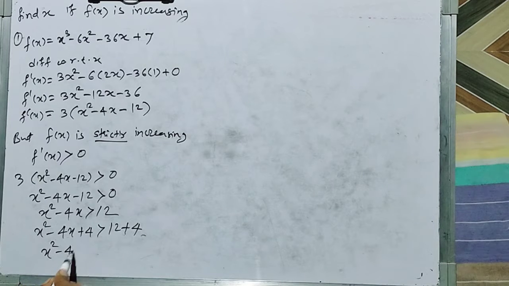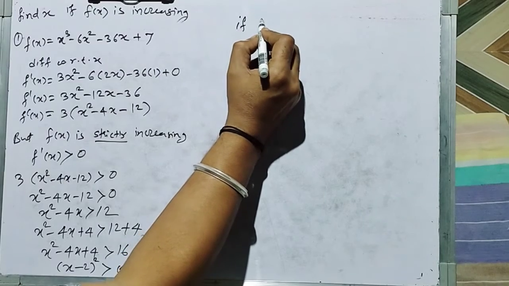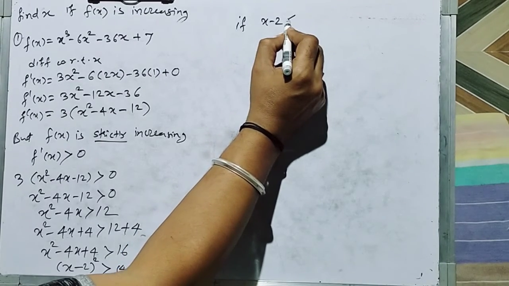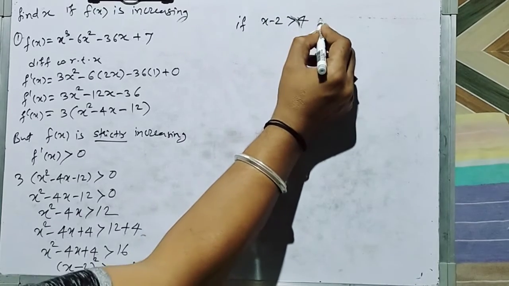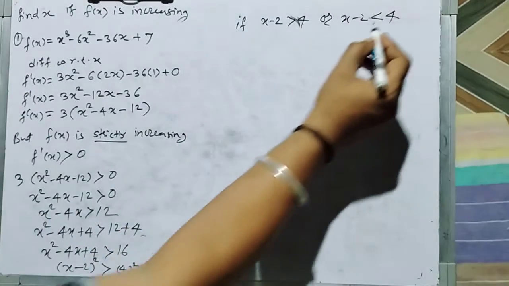It means x² - 4x + 4 is greater than 16, and this is the square of (x - 2). (x - 2)² is greater than 4². So this is if x - 2 is greater than 4 and/or x - 2 is less than -4.